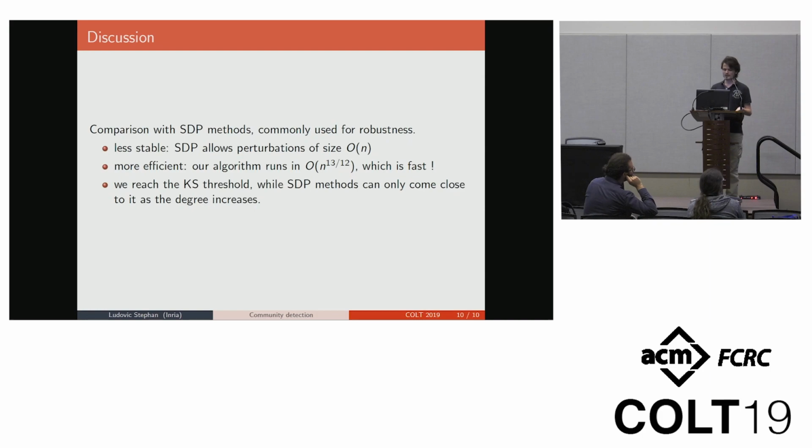And additionally, no SDP methods can reliably reach the Kesten-Stigum threshold. So some miss it by a large constant, some require some specific structure in W, or some simply try to approach the Kesten-Stigum threshold as the average degree of the graph increases, but none can actually completely reach it. So our algorithm tends to be more general.